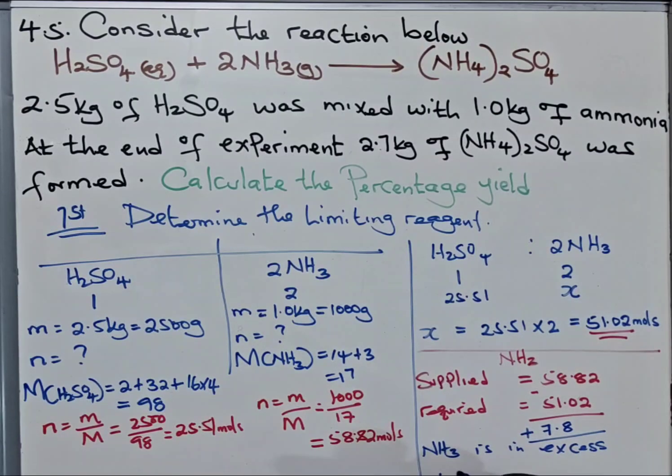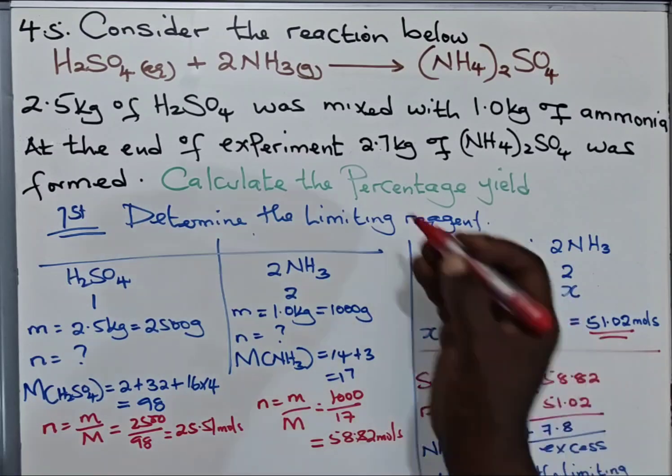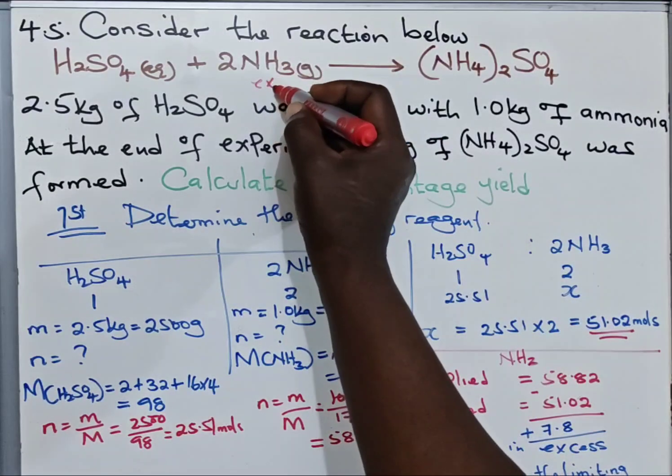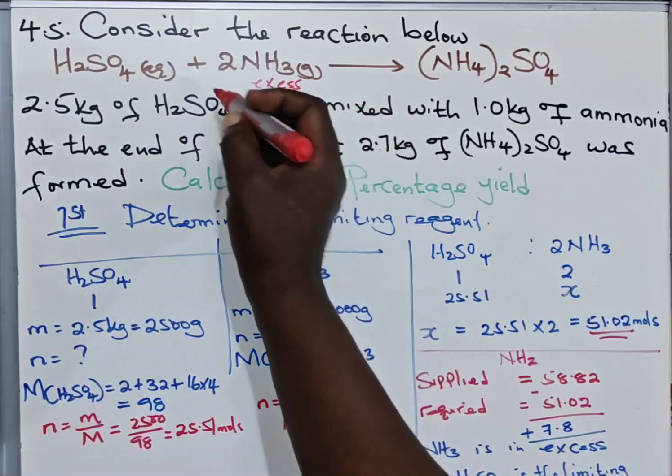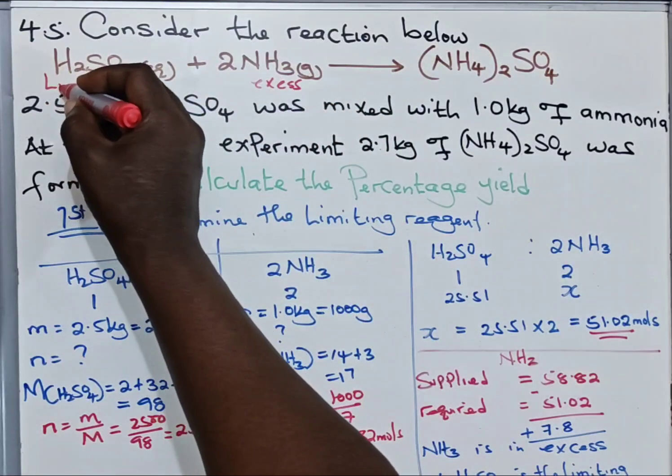Therefore, sulfuric acid is the limiting reagent. This step is very crucial. Very, very. You can't proceed without it. So this is excess. Now we know. And this is limiting.